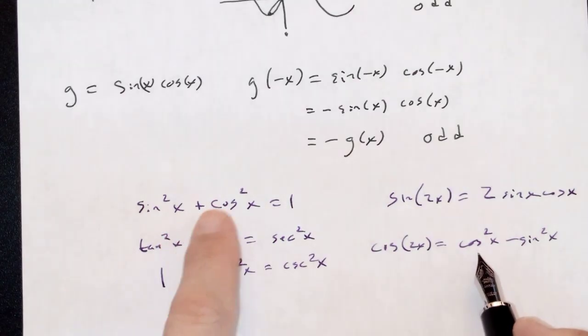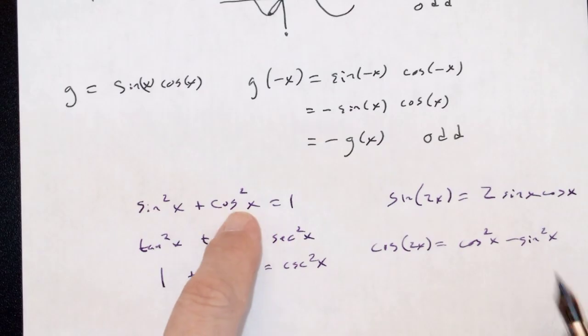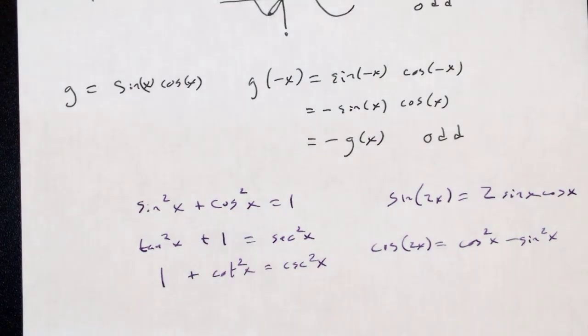If you want to get rid of the cosine squared, you rearrange this. If you want to get rid of the sine squared, you rearrange this. Those are the only ones I remember. Everything else I can work my way through algebraically. The list is gargantuan. I don't want you to memorize all this. I want you to know a couple of them, and then the techniques for getting the others are just algebra.